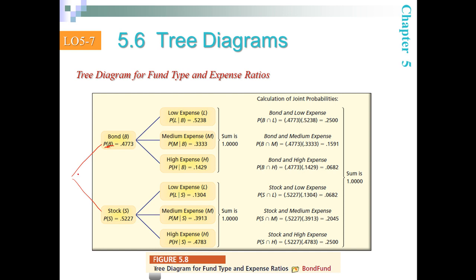And so we would say, let's go down this branch here, and then we can go down the next branch, which says, given that we are a bond, what's the probability of a low expense ratio? And that's the conditional probability. And we can do that for each of these things. If we're going to go down here, let's say probability of a medium expense ratio given a stock, this probability is 0.391.